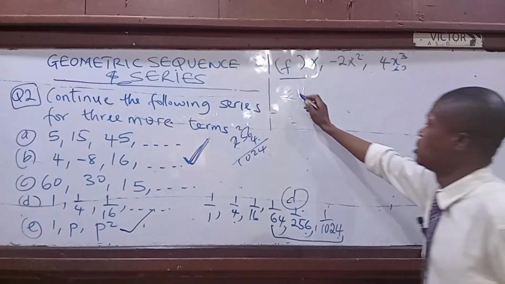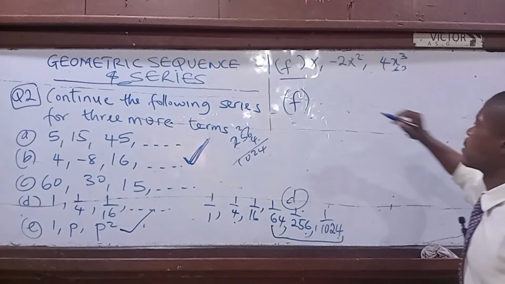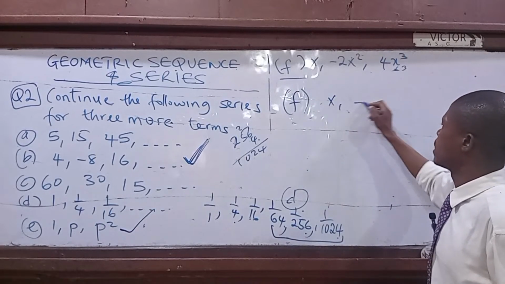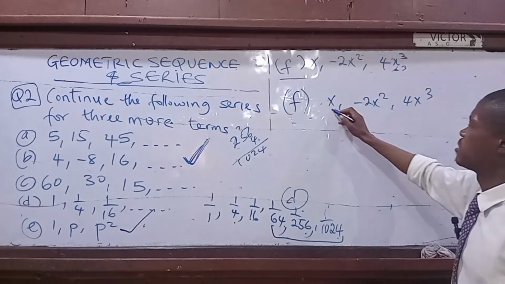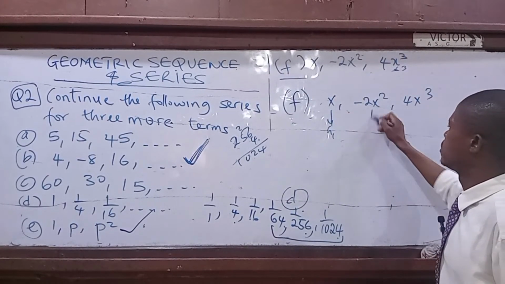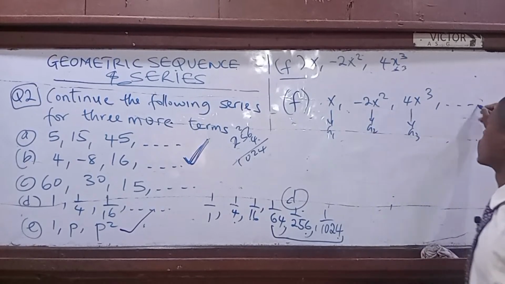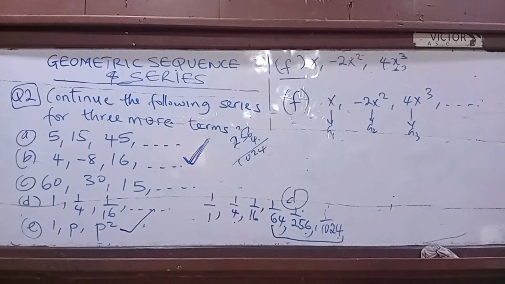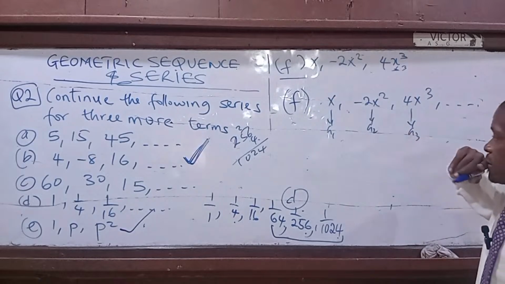For the E part, and for the last one before we go to the next question, we have x, minus 2x squared, 4x cubed. This is your A1, this is your A2, the second term, this is your A3. So I'm going to use a formula to get the next 3 terms.